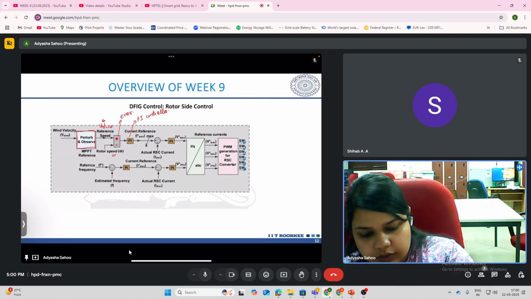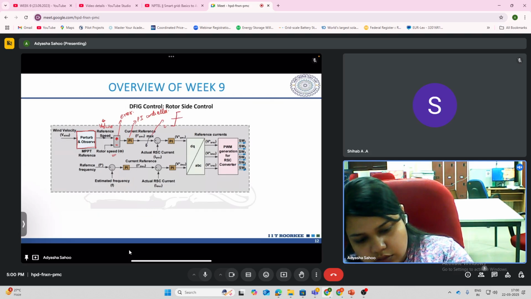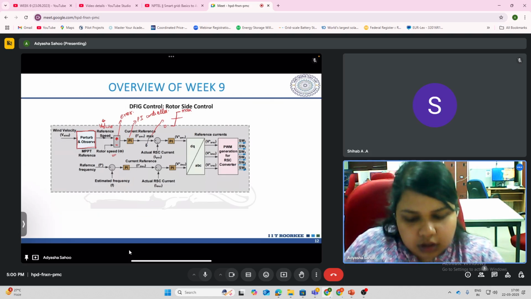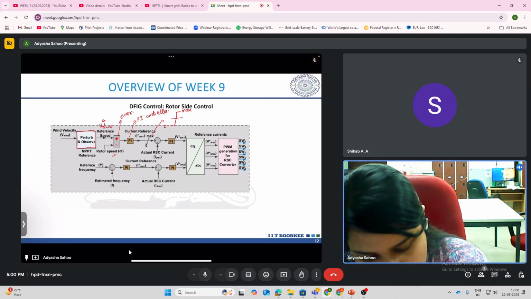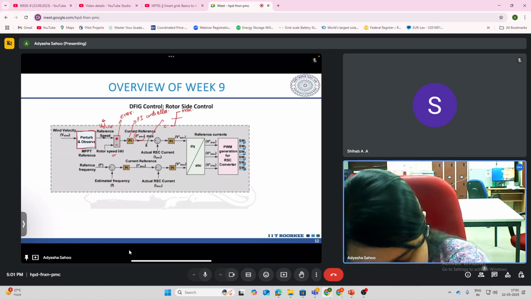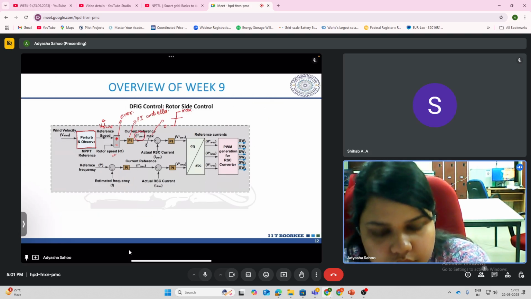And then we have this limiter here. You can see it is 0 to max. Basically, it will limit. Here you can see it is giving you the Q axis reference signal, IQ star.